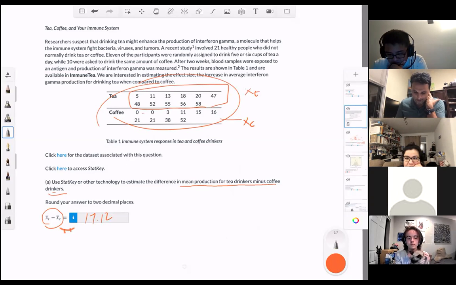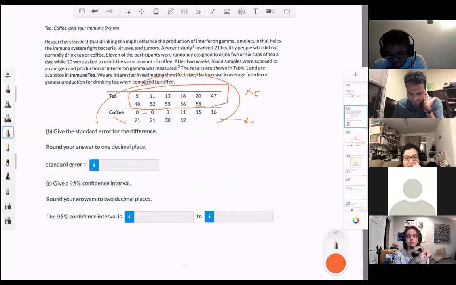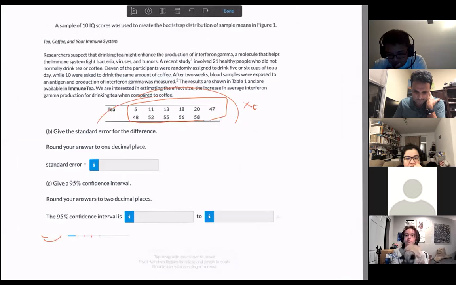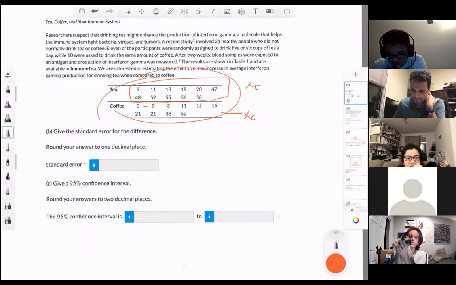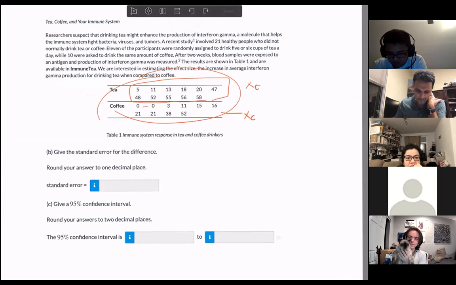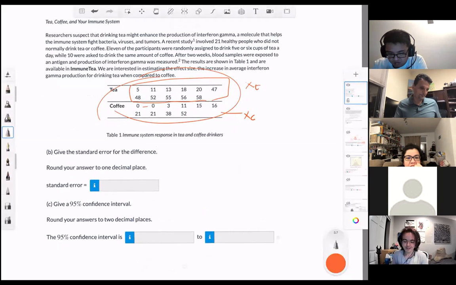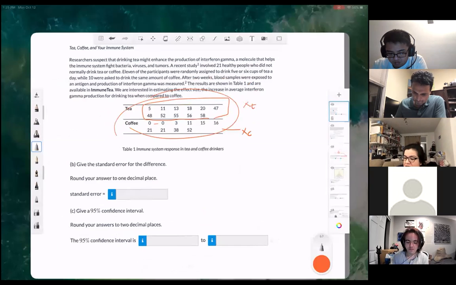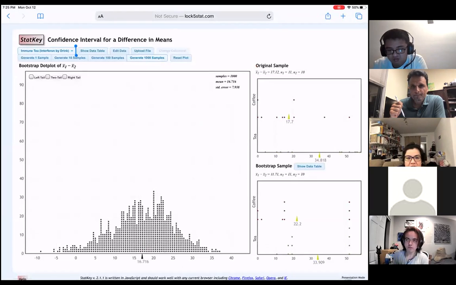All right, what is the second part? Standard error and 95%. I'm going to write it here so I don't forget the question. Let me reset the plot.